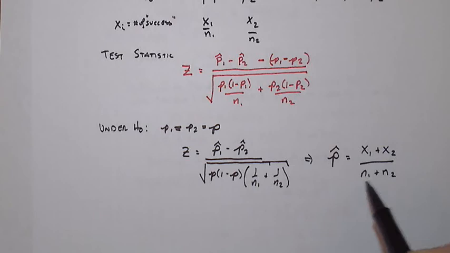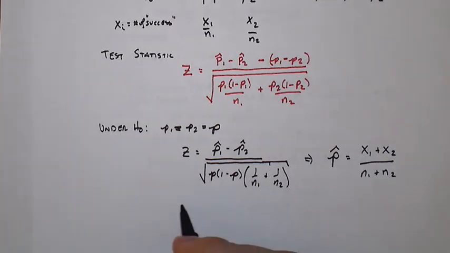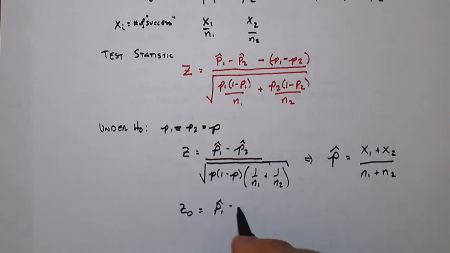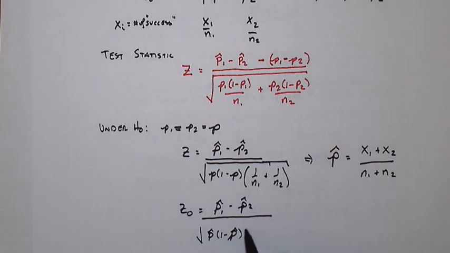Okay, so we'll substitute in our test statistic will be P1 hat minus P2 hat all over square root of P hat 1 minus P hat. Some people again like to use Q here just to keep this a little simpler.